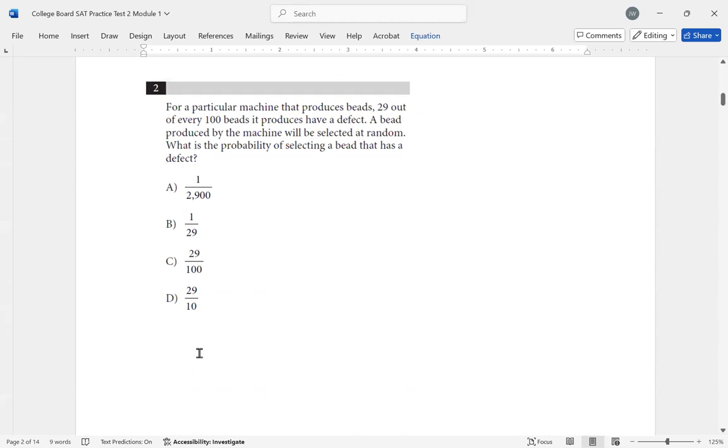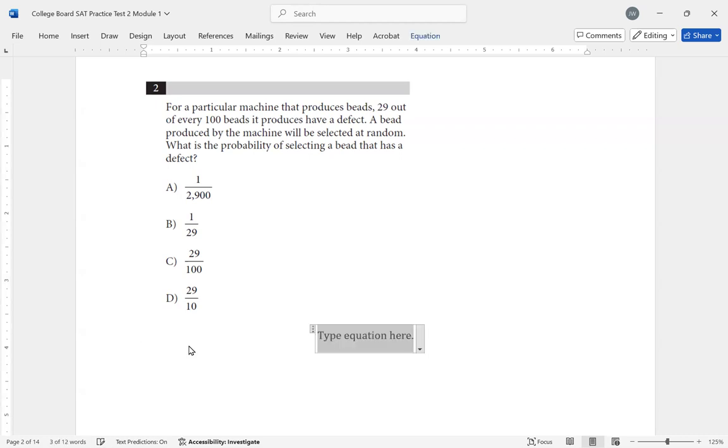Question number 2 says, for a particular machine that produces beads, 29 out of every 100 beads it produces has a defect. A bead produced by the machine will be selected at random. What is the probability of selecting a bead that has a defect?